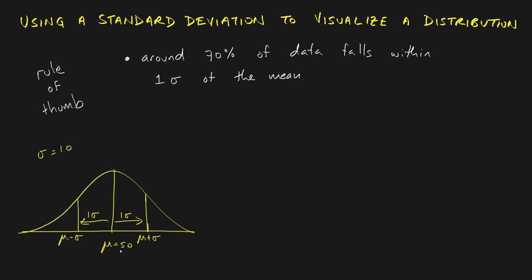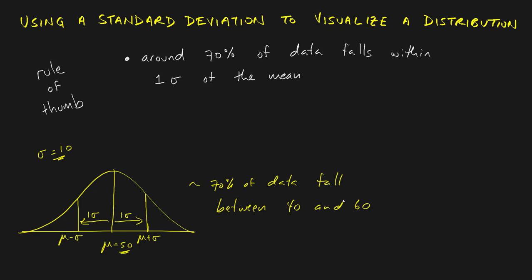If I can figure out what my mean is and what my standard deviation is, then I could say that around 70% of my observations fall between those two values. The mean minus the standard deviation, so 50 minus 10, would be 40. And the upper limit here would be 50 plus the standard deviation, so 50 plus 10, it's going to be 60. So 70% of my data should be between those 2 points.